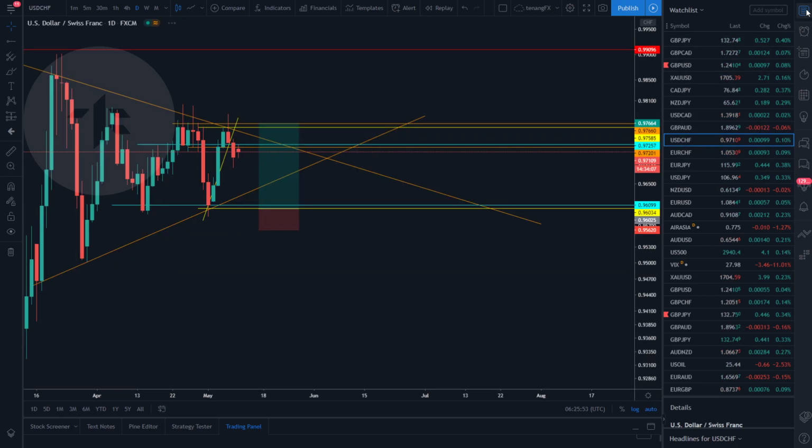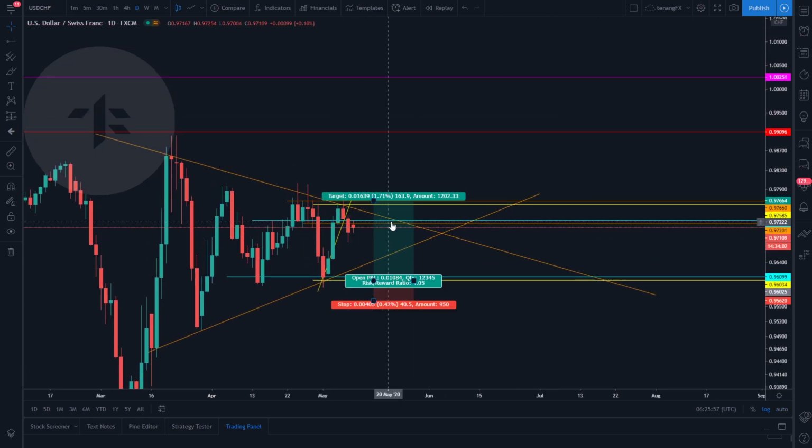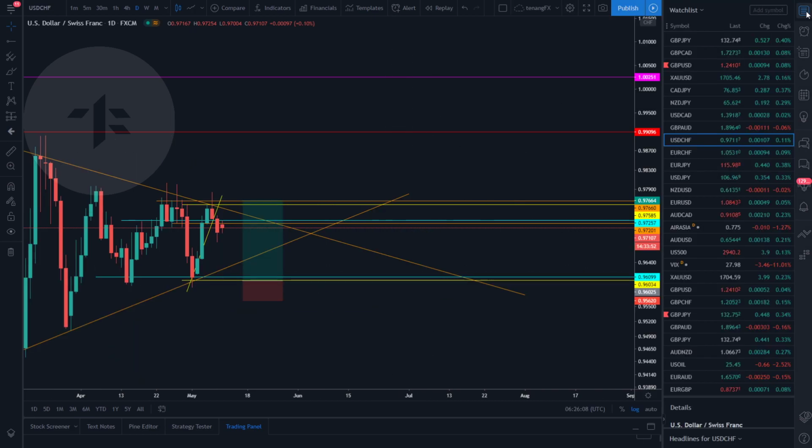Alright, and since USDCHF we still have position we are going to enter at this level, so you guys can still try to chase and get an entry here.